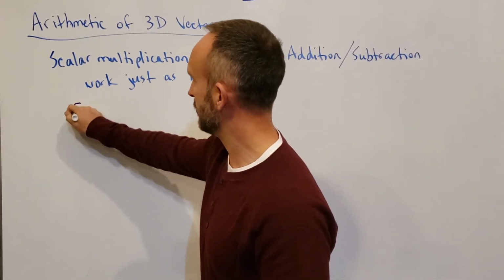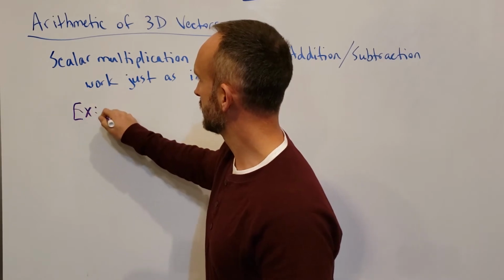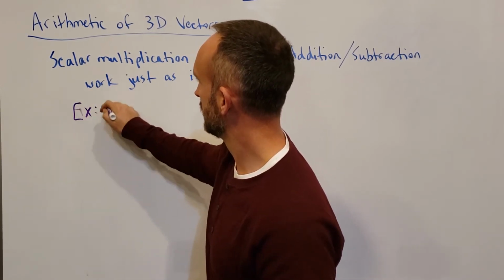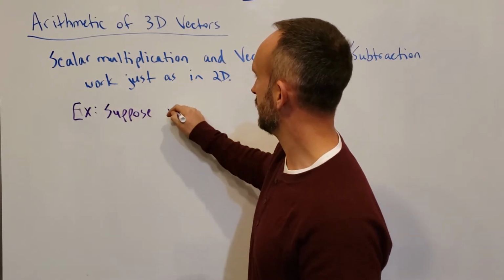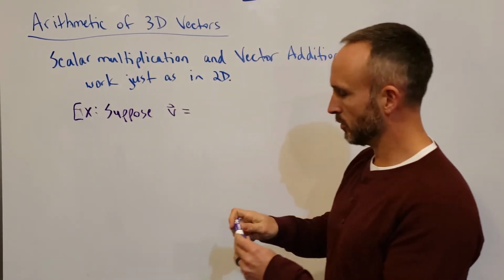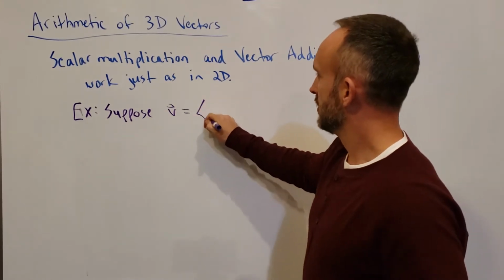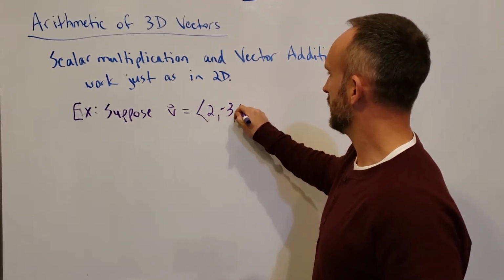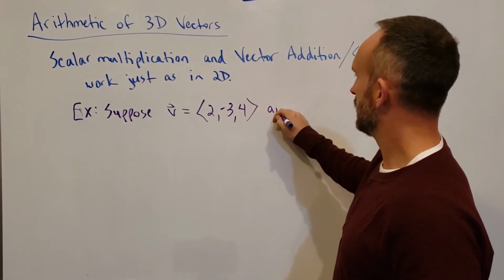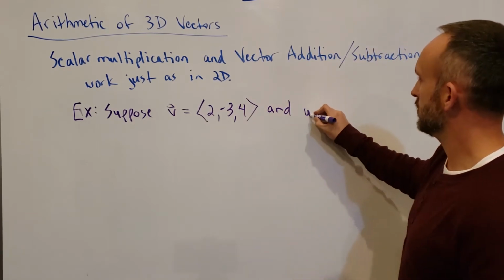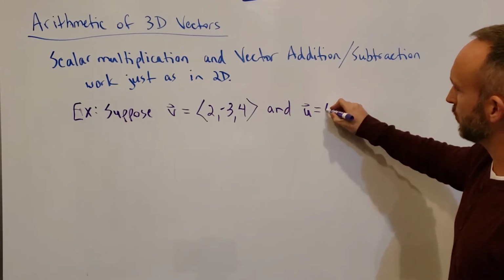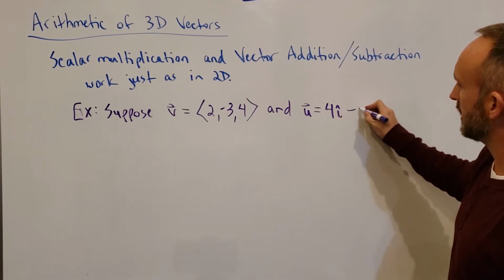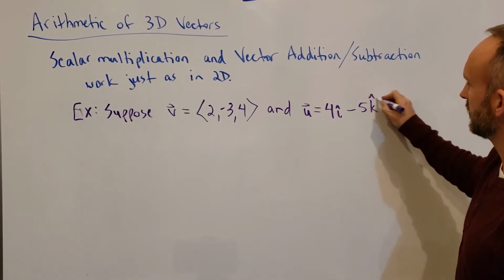So for these examples, let's suppose that vector v equals 2, -3, 4, and the vector u equals, how about 4i minus 5k.